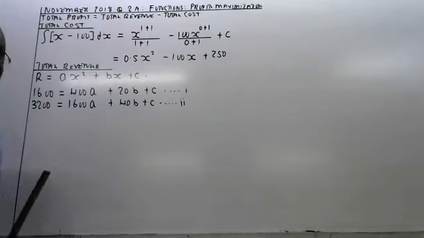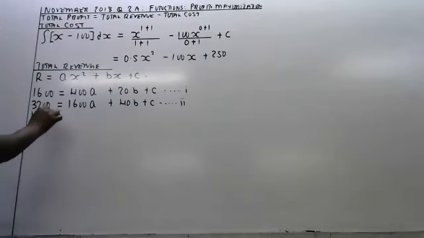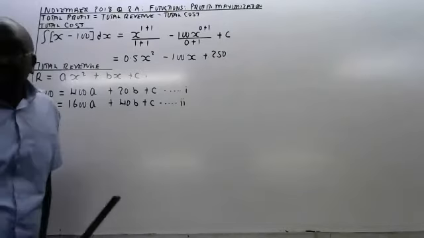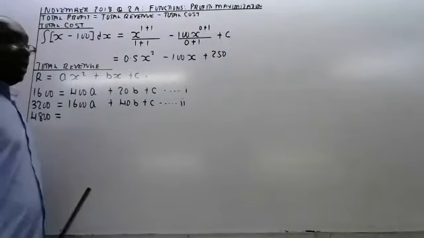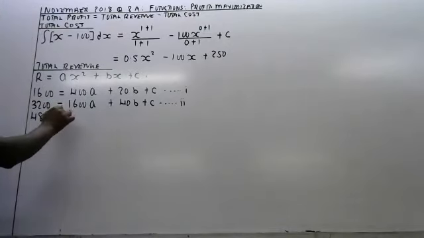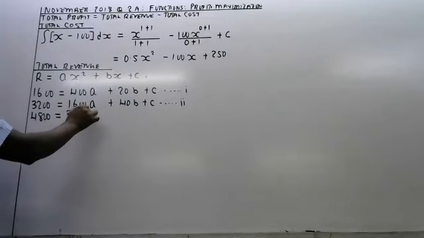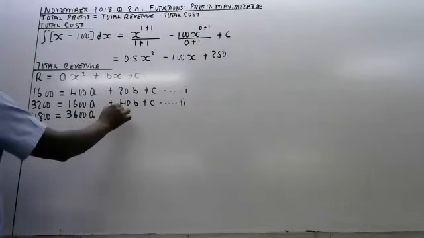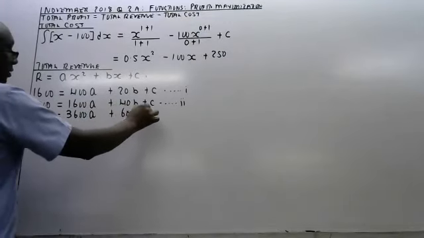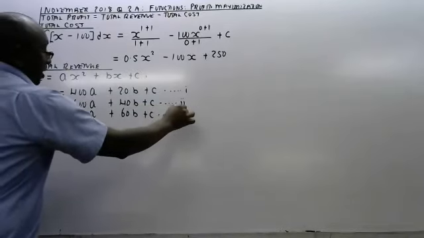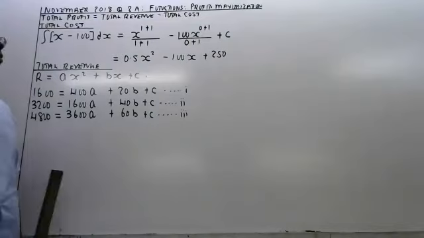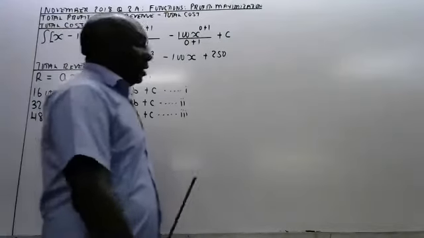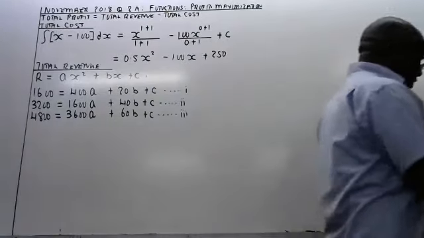Next is 4,800. So 4,800, 60 squared is what? That is 3,600. So 3,600A plus 60B plus C, that is number 3.